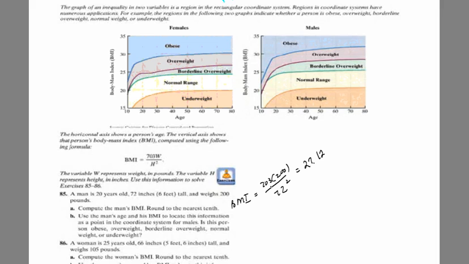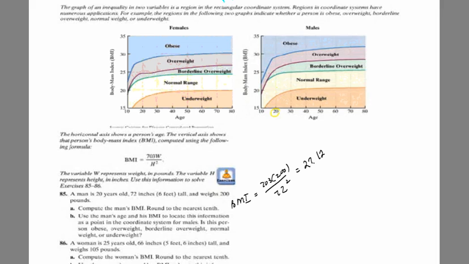That's the BMI. Now it says use his age and this value on the males graph to determine if the person's obese, overweight, borderline. So let's see, how old was this person? We had 20 years old, and we got a BMI of 27.12.